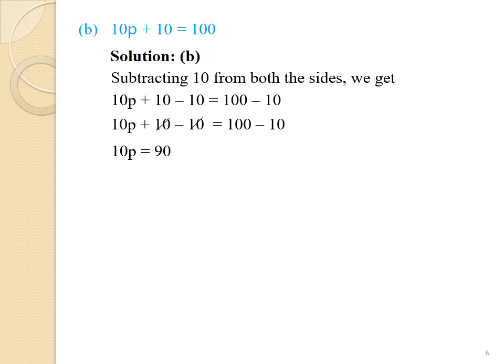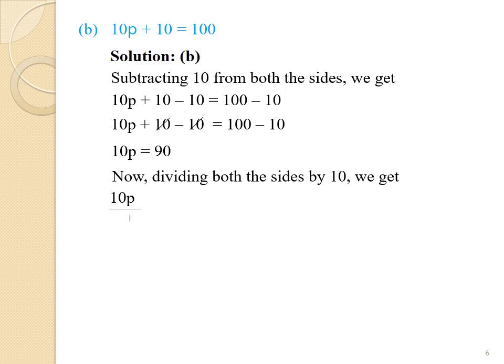Now, dividing 10p by 10 and also 90 by 10, we get 10p upon 10 equals to 90 upon 10.